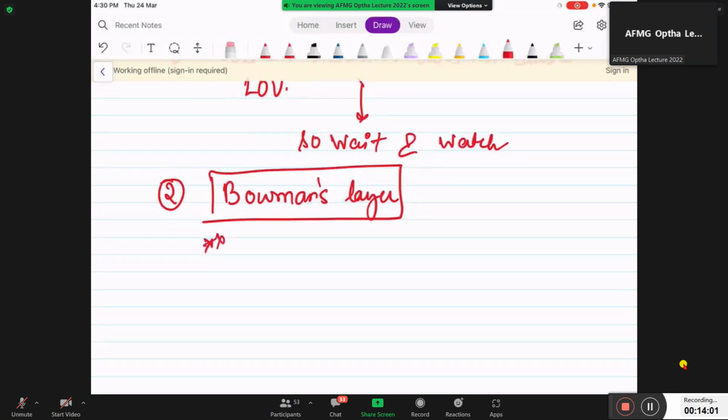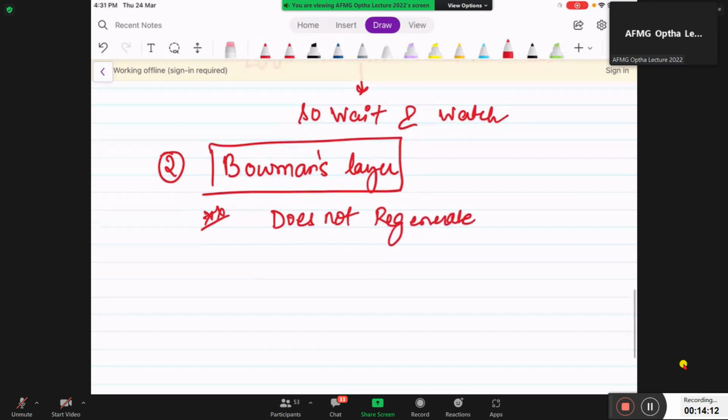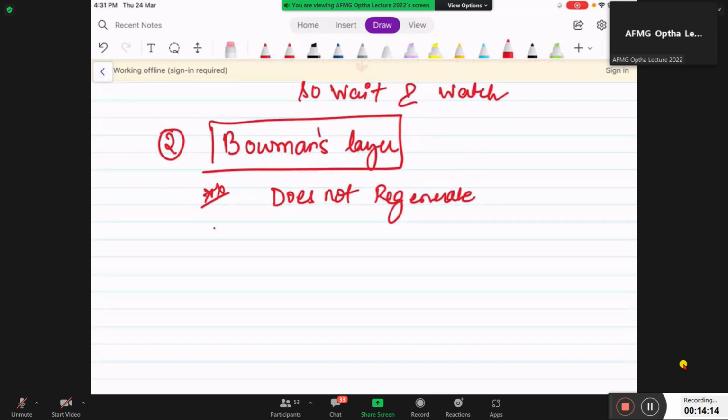Important point, write down about this Bowman's layer, that it does not regenerate. Next important point, it heals by scarring, right? Suppose a foreign body falls in your left eye when you are driving a bike, and it has entered your Bowman's layer.